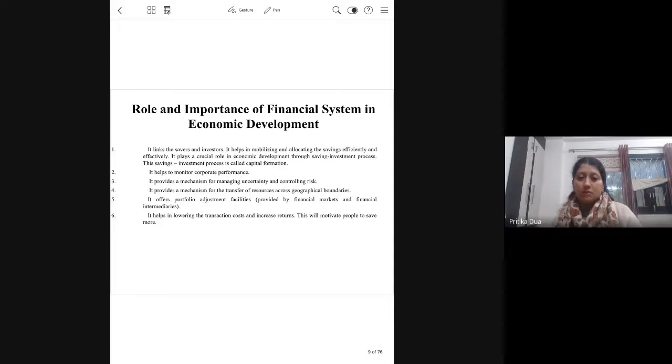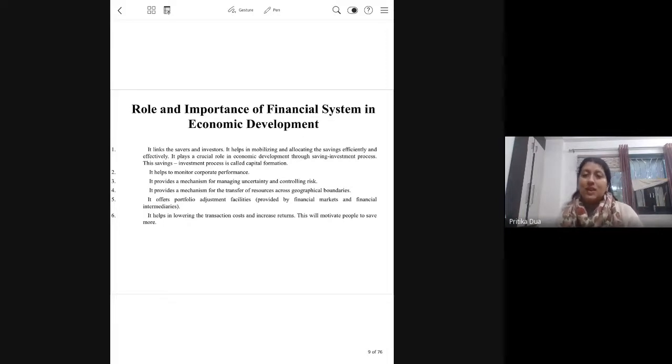monitors corporate performance. You have regulators like SEBI, RBI, who are keeping a close watch on the financial institutions, markets, services, and all the financial practices being followed in the economy. It offers portfolio adjustment facilities.